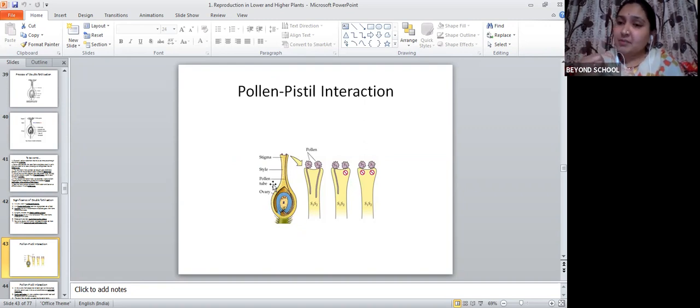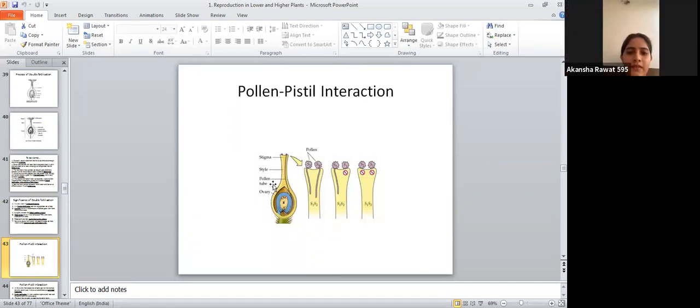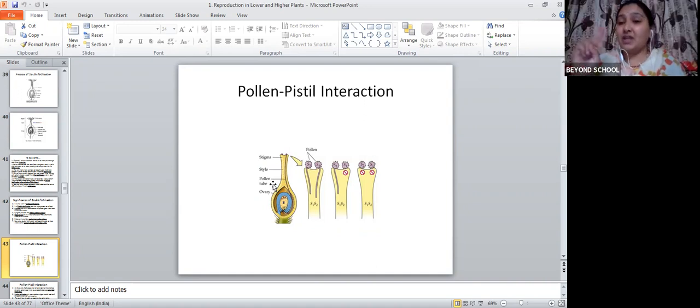But what does the stigma do? The stigma keeps the pollen grains of its own plant, and the rest are degenerated on the stigma itself.